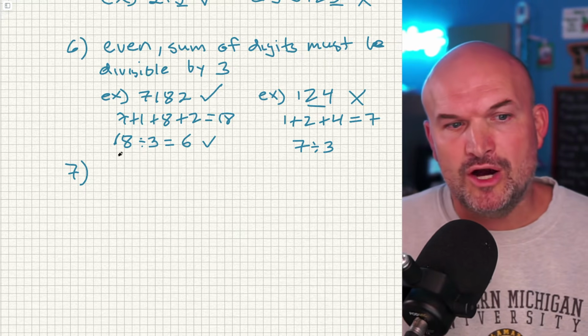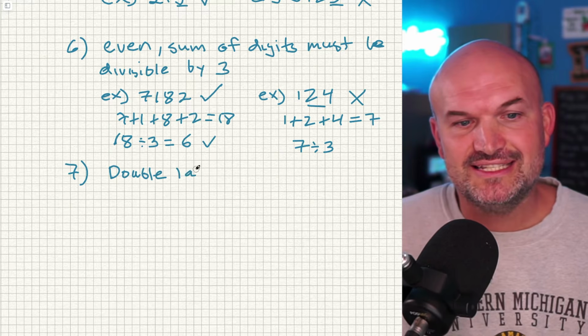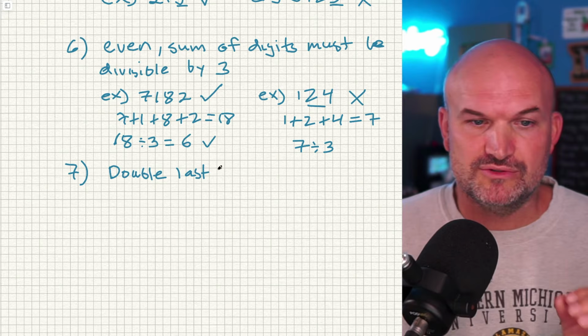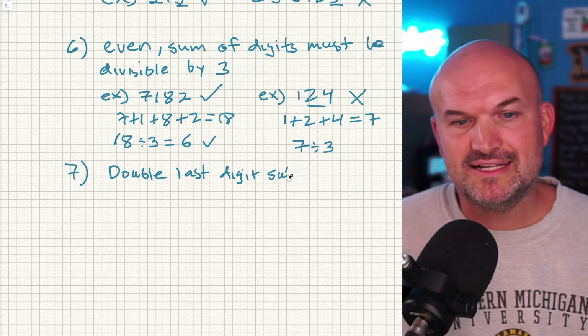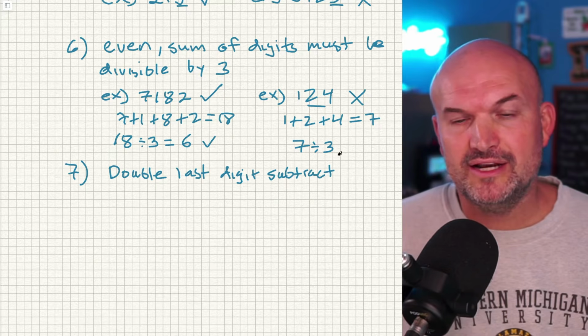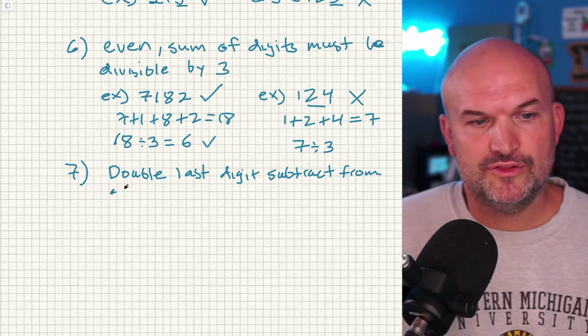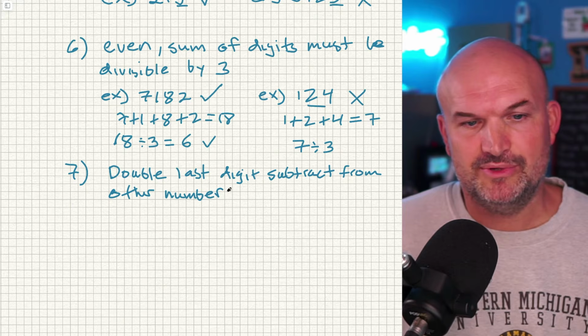So for number 7, all we're simply going to do is double the last digit. You're going to take the last digit, double it, and then subtract from the other numbers. This one is kind of hard to explain, so we really need to make sure we do it.